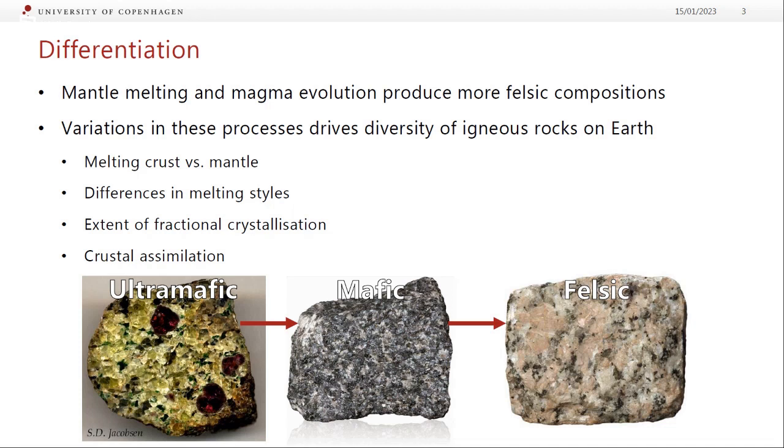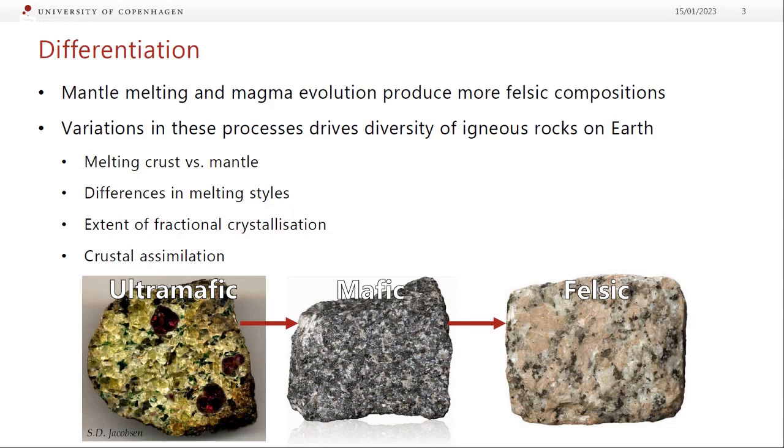Like you can talk about differentiation of whatever Earth was originally into a core and a silicate, but it's basically this process of separating out different minerals. In terms of magmas and volcanism, it's usually this process of going towards more and more felsic compositions through magmatic processes. So different differentiation processes drive the wide diversity of igneous rocks we see on Earth.